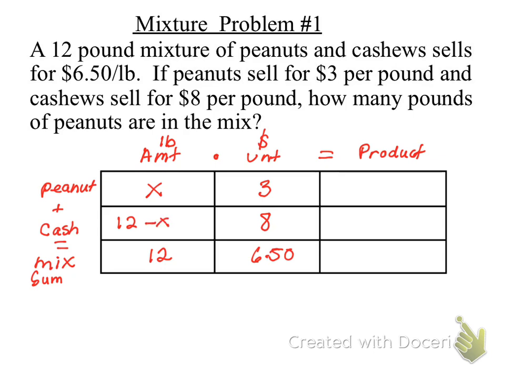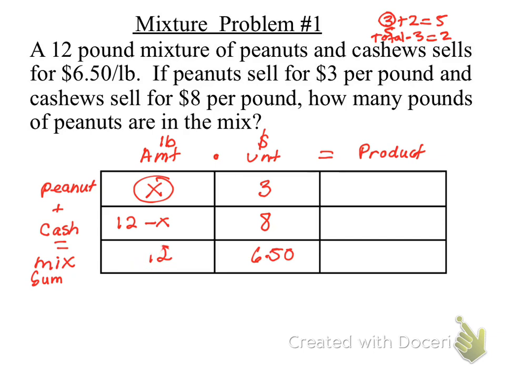It's like saying if 3 plus 2 equals 5, we can also say the total minus one of the addends equals the other addend, right? 5 minus 3 equals 2. That's what we're doing. We're taking the total minus the addend equals the other addend. Does that make sense?